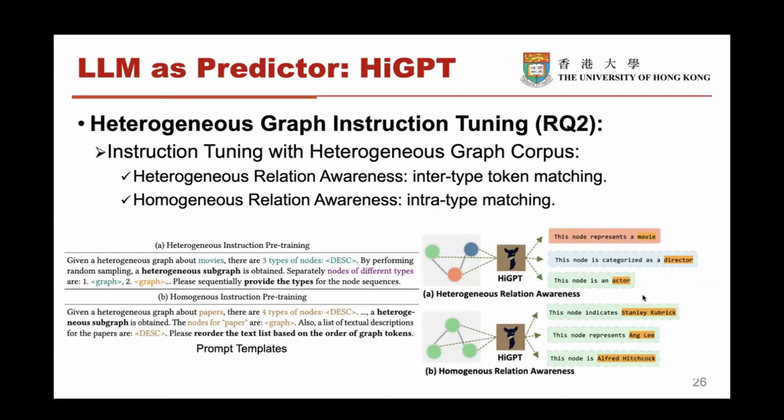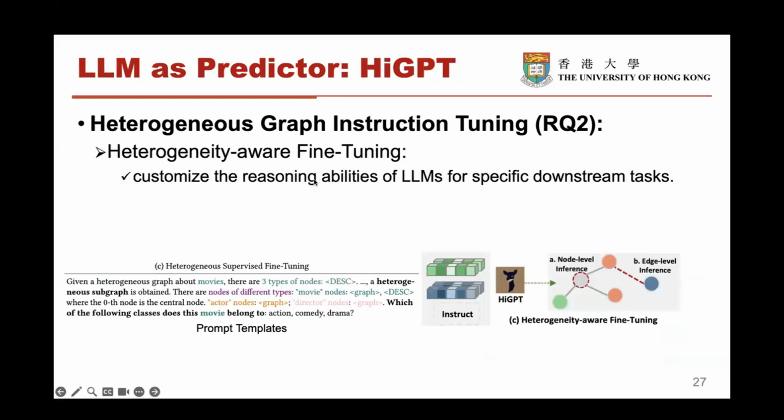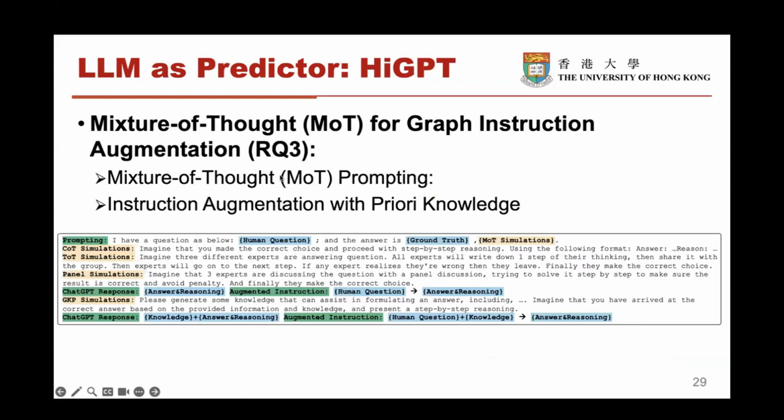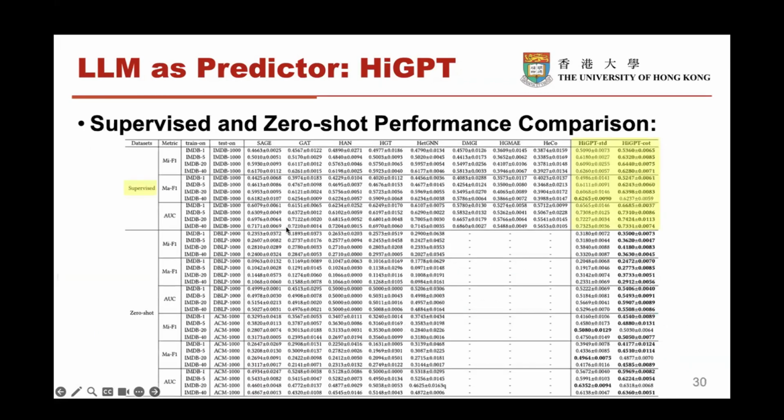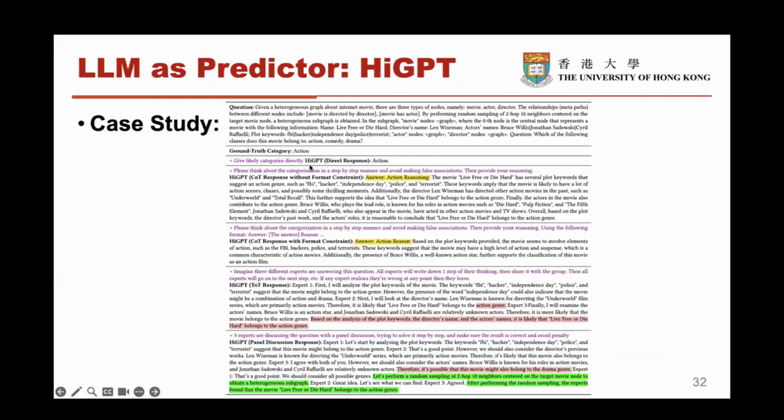Hi, can you hear me? Yeah. I have a question about the output of HiGPT. I find that HiGPT can give great recommendation results about a movie or a paper, about the author, actor, or director.